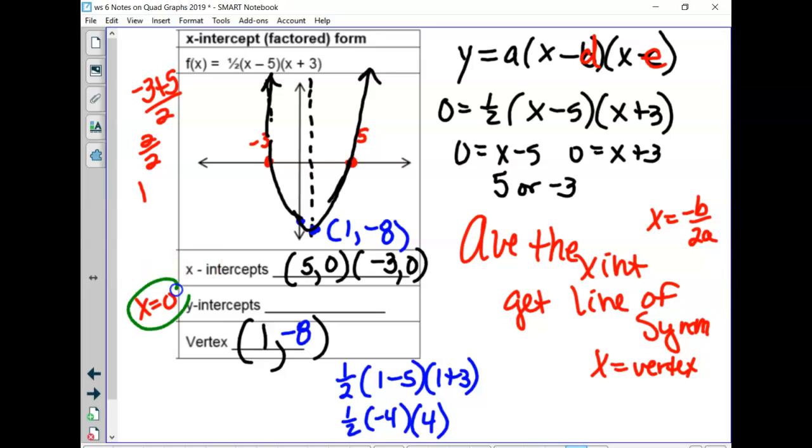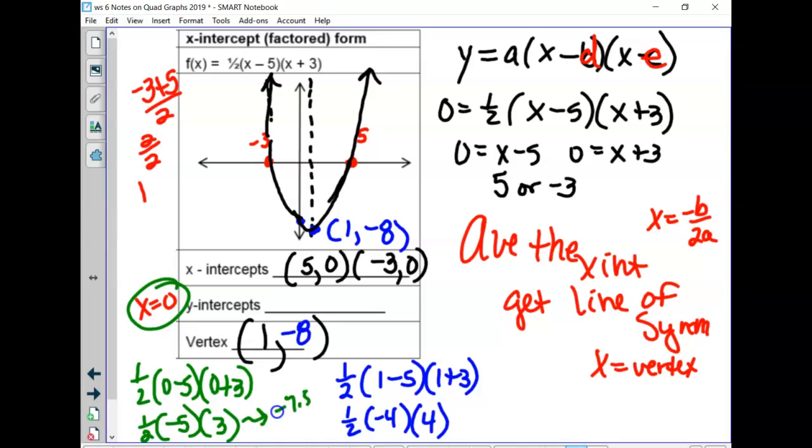Okay, so we're going to let x equal 0. If I go up here, I get a 1/2 times 0 minus 5 times 0 plus 3, which is 1/2 of negative 5 times 3 would be negative 7.5. Anybody?